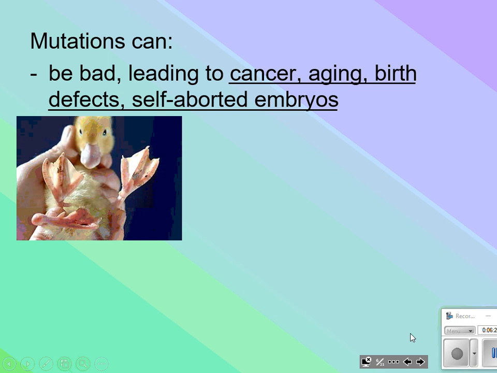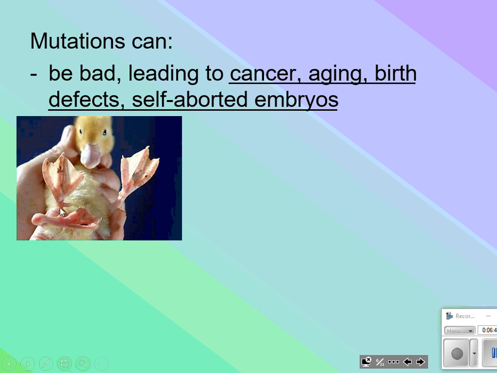If you look, here's a little chick, or a little duck, I guess. It's a duck. Okay, I'm getting better at my animals. Looks like that duck has a little extra foot there, doesn't it? Right there, there's a foot.